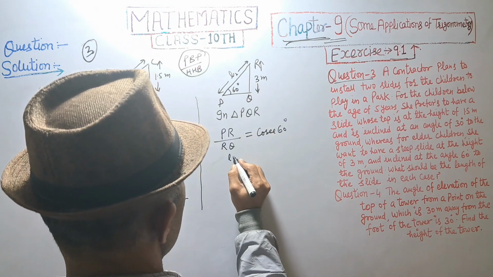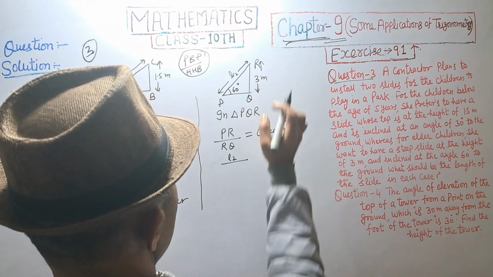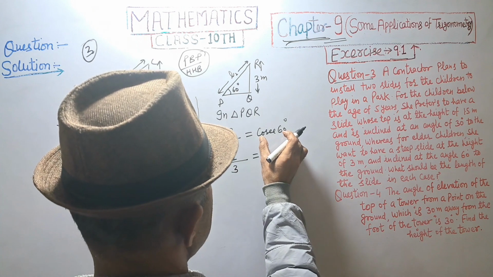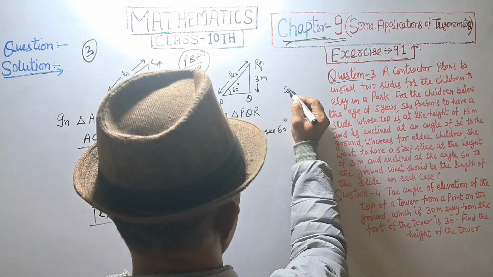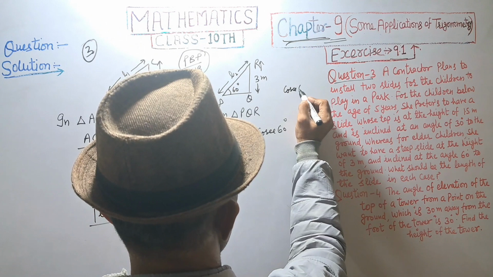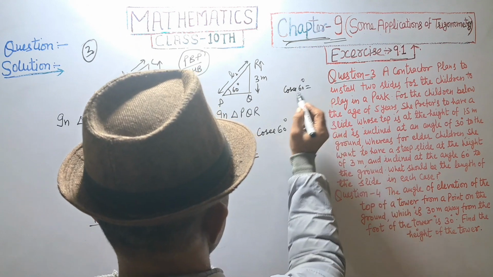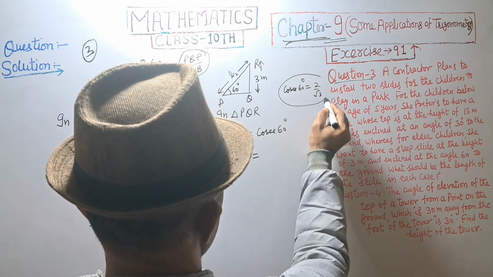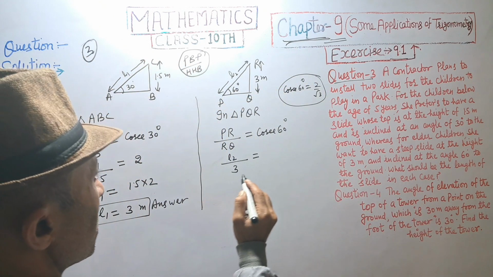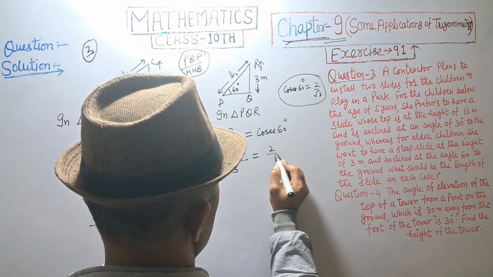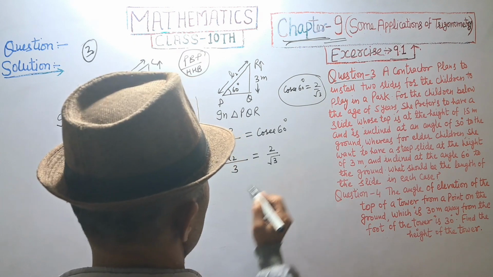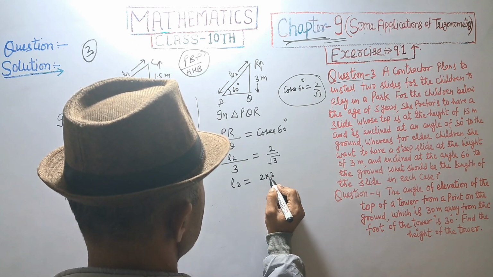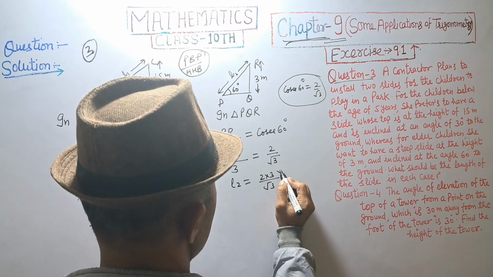PR is L2 divided by RQ is 3, and cosecant 60 degree is equal to 2 upon root 3. L2 is equal to 2 multiplied by 3 divided by root 3.